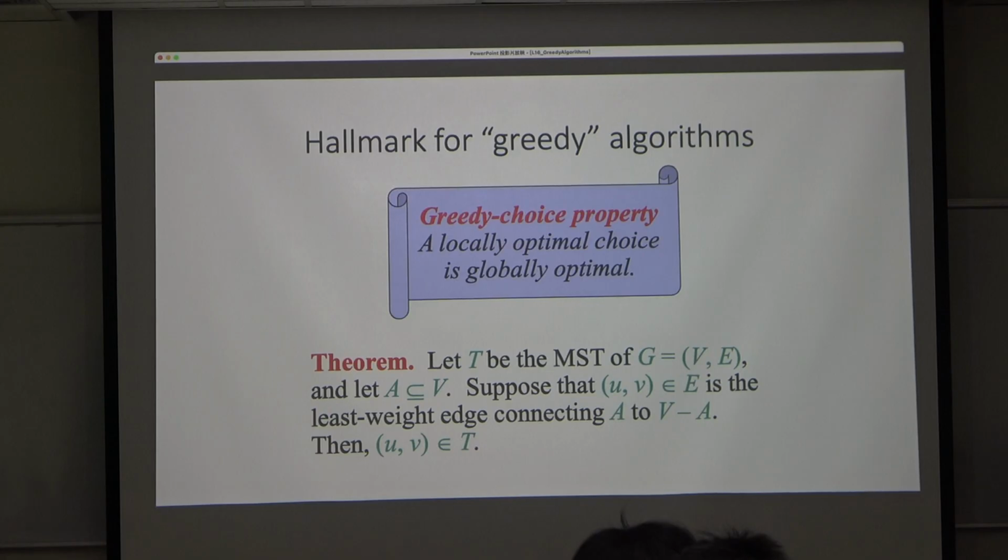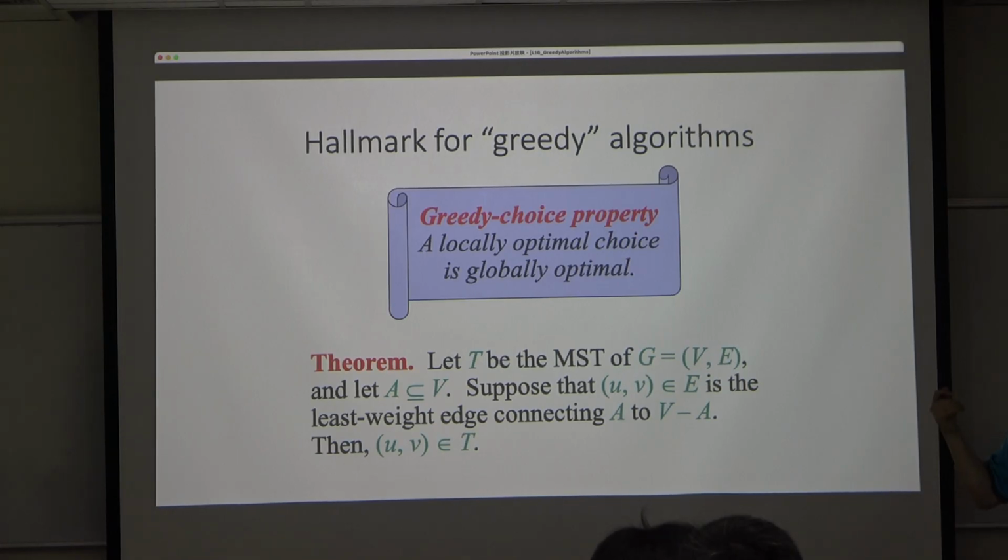What I'm talking about is, do we have? This is A. This is V minus A. So we have all the vertices. Now we break the vertices into two sets.